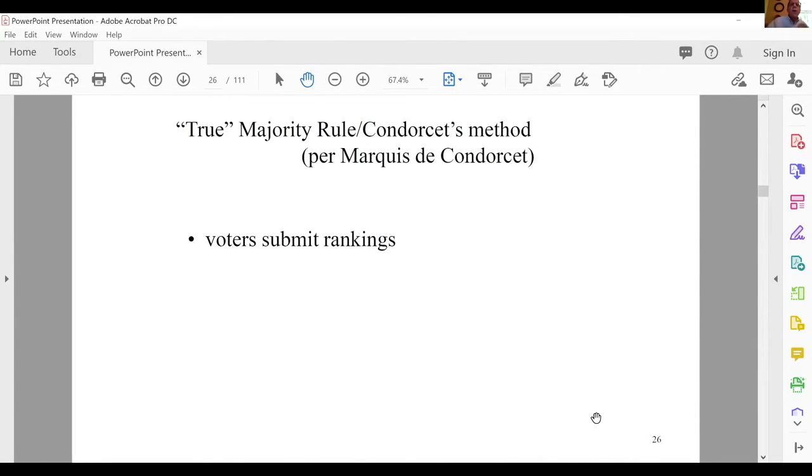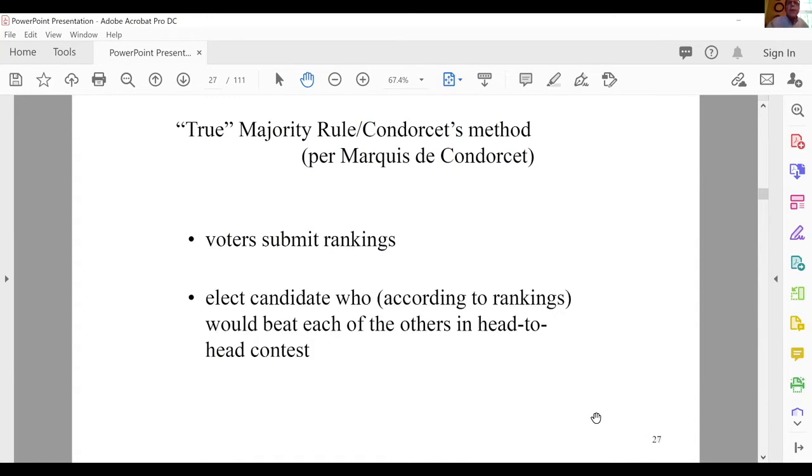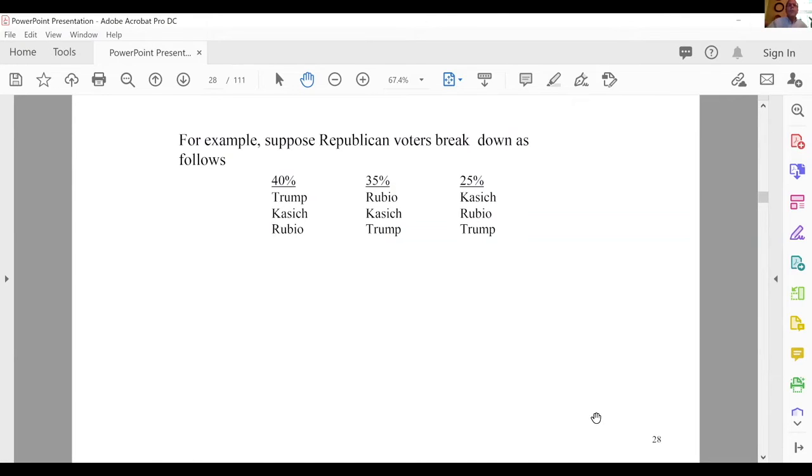What Condorcet argued was that voters should rank candidates, and then we should elect the candidate who, according to the rankings, beats each of the other candidates in a head-to-head contest. So, for example, suppose that the Republican voters in the 2016 primaries broke down into three groups. 40% were Trump supporters.